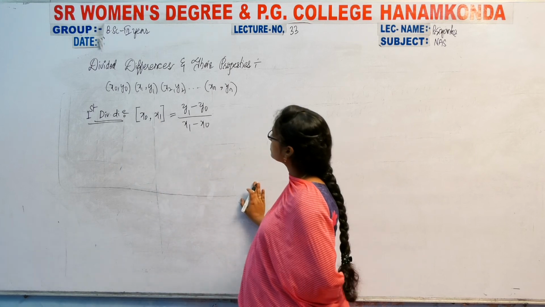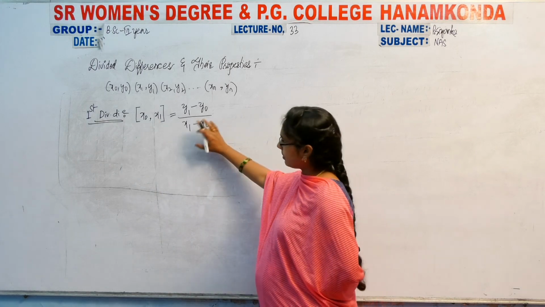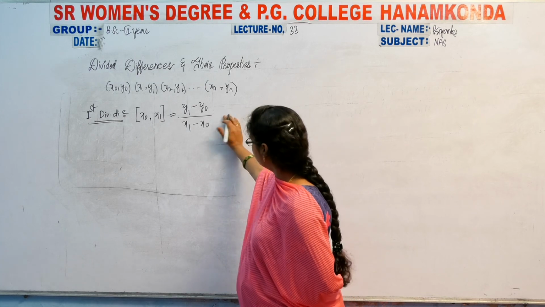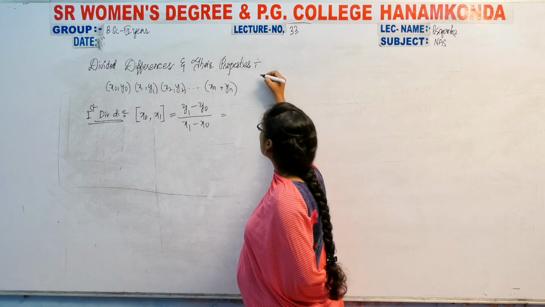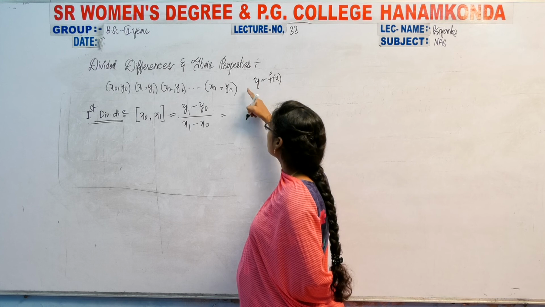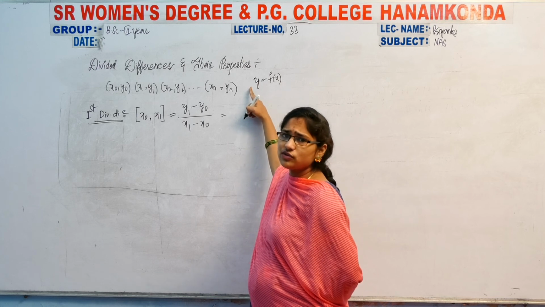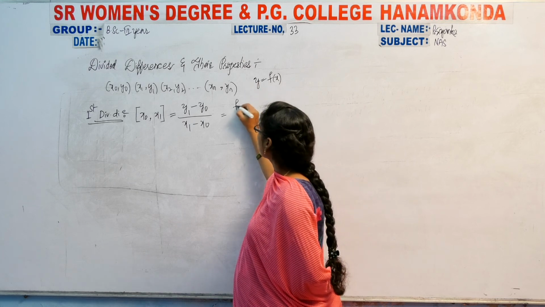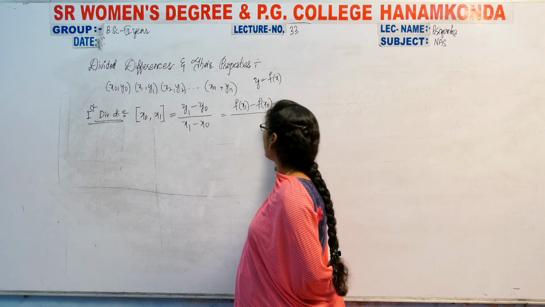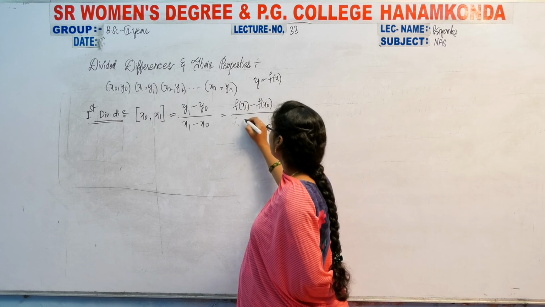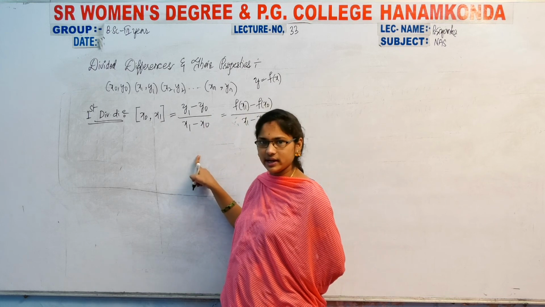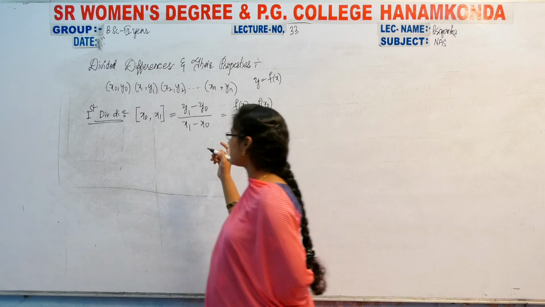So this is nothing but [x0, x1], the first divided difference. Of course, because y is equal to f of x, it is also written as f of x1 minus f of x0 by x1 minus x0. I think it is somewhat easy to remember, right? You can easily remember these values.